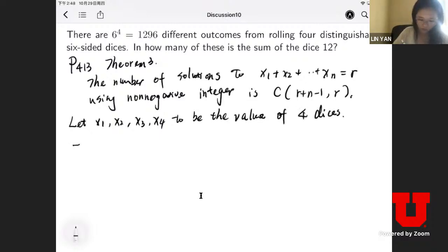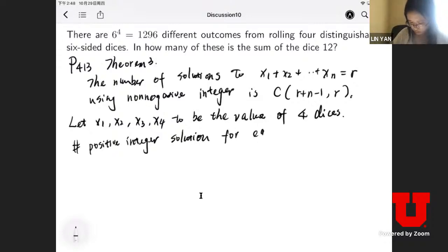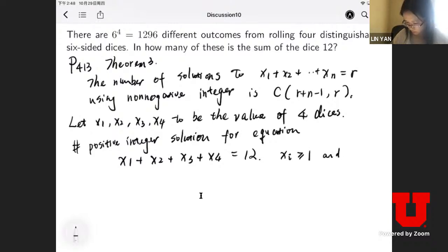So we want to know the number of positive integer solutions for the equation x1 plus x2 plus x3 plus x4 is equal to 12, where xi is larger or equal to 1, and smaller or equal to 6.